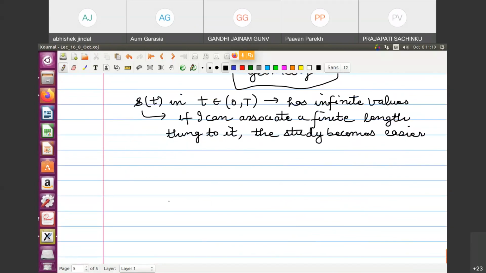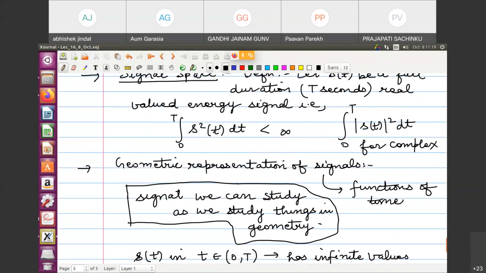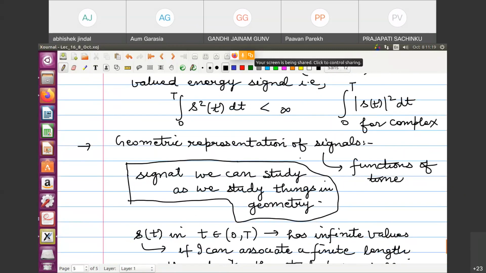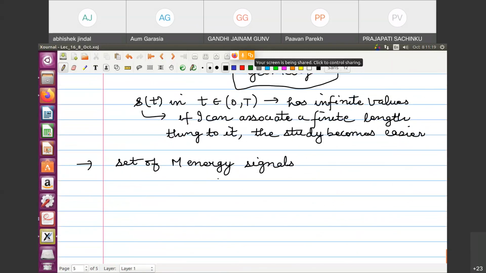Okay. So the purpose is that, let us say you have a set of M energy signals. Energy signals I have already told you. Right now we are in the real space, which means all the signals are real. Generally in the real world signals will be real, but because complex quantities help us model several things, we study the complex space as well. But right now at the undergraduate level, for the purpose of our digital communication study at the basement, this suffices: we can consider the signals to be real.